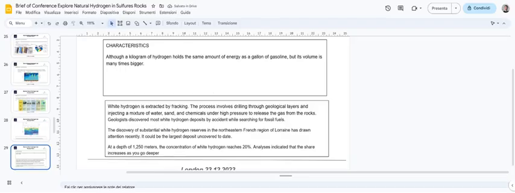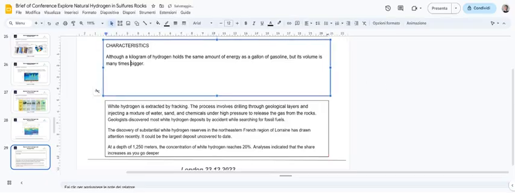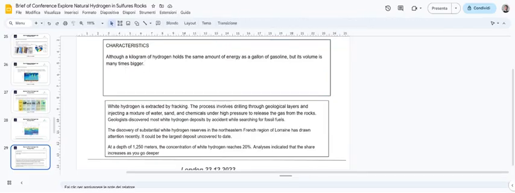So I've just said, hydrogen is a very particular gas, so we have some advantages, but also some trouble that we are trying to resolve. For example, one of the advantages of using hydrogen, whether gray, pink or white, is that hydrogen holds the same amount of energy as a gallon of gasoline, but its volume is many times bigger.